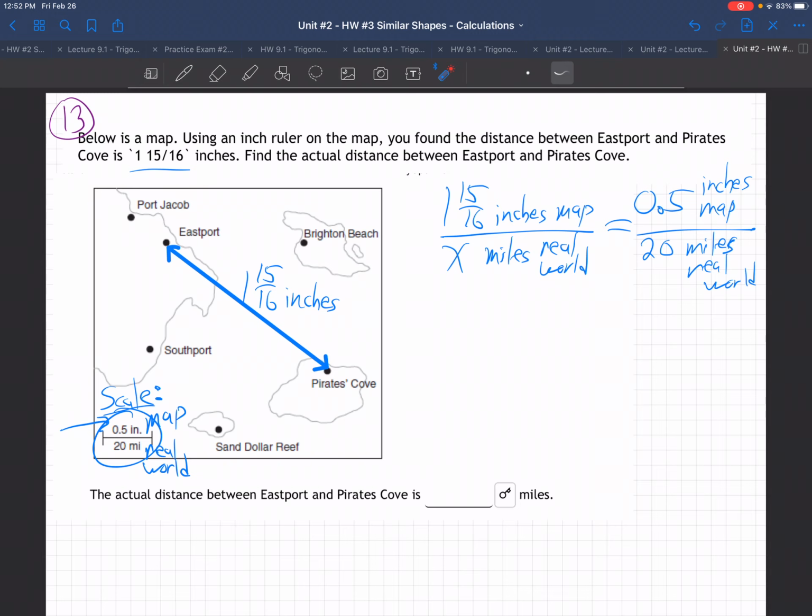See how I'm lining up? Inches on the map, real world. Inches on the map, real world. So there's what we do to solve this problem.